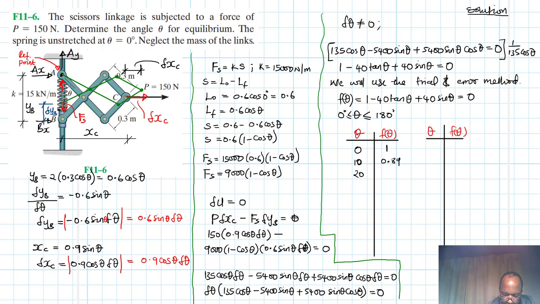Let's go to 20 degrees. 1 minus 40 tan 20 plus 40 sine 20 gives us 0.12, still positive. Let's go to 30. 1 minus 40 tan 30 plus 40 sine 30.